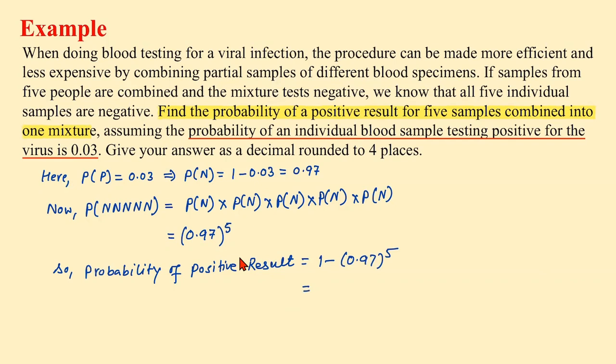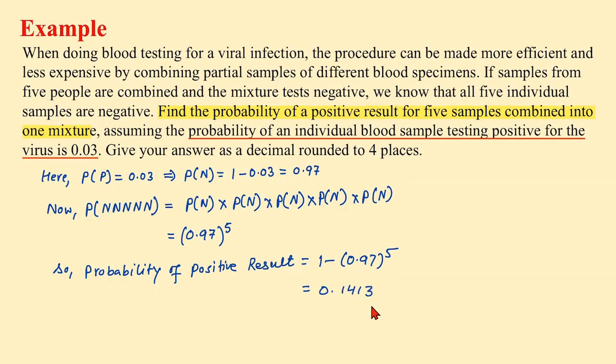So this is what we need to type in our calculator. If we do 1 minus 0.97 raised to 5, the result will be 0.1413.